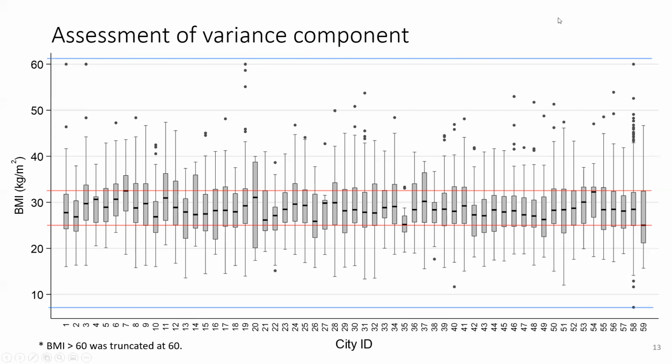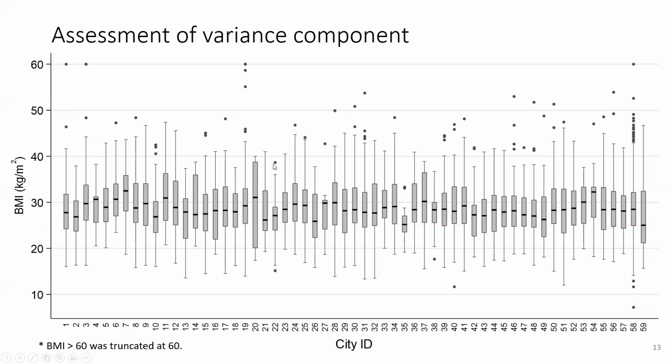And as you know, here we truncated the value at 60, so this blue line should be much higher. From here, we can see that between city variability is much smaller as compared to within city variability, by looking at the width between these two red lines and between these blue lines.